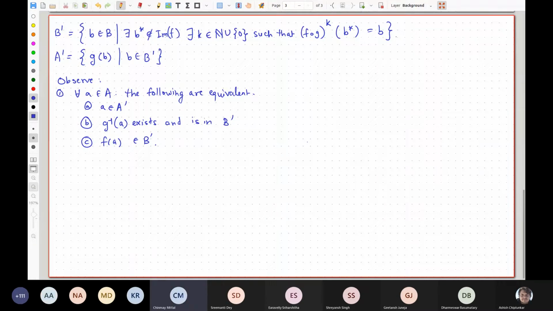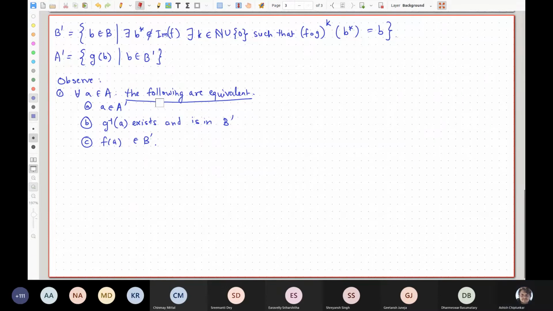Sir, the first part I'm not getting, for all A belongs to A prime. No, I'm saying the following are equivalent. If any one of them is true, then all three are true. Okay, got it. Thank you. So each one of them implies the other. That's all I'm saying. Not many people are able to prove this on their own, so let's do this.